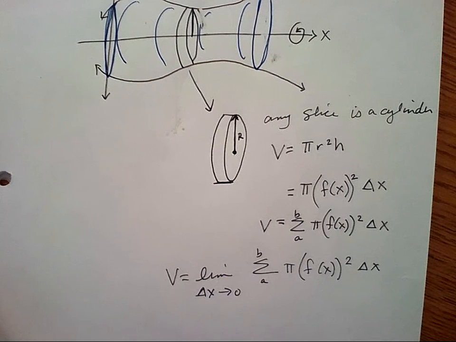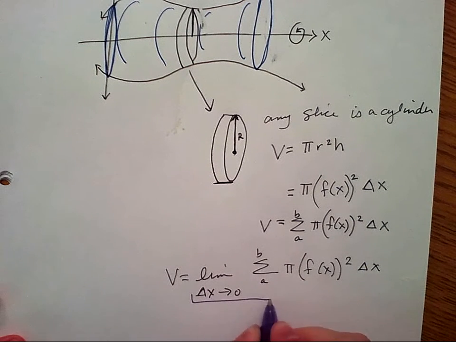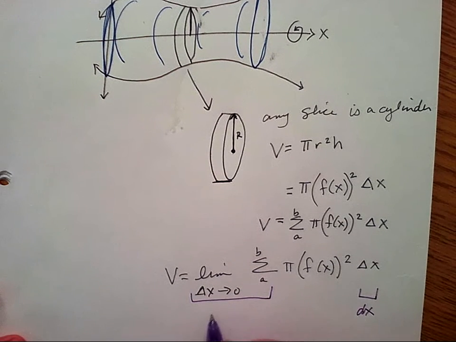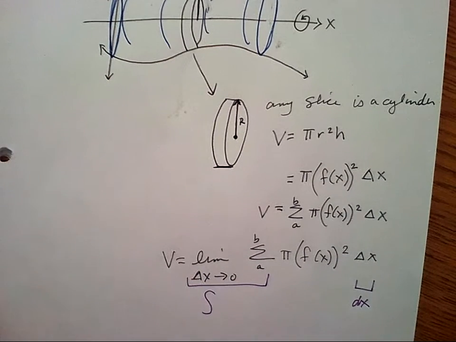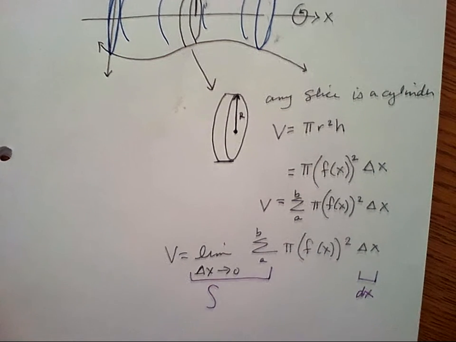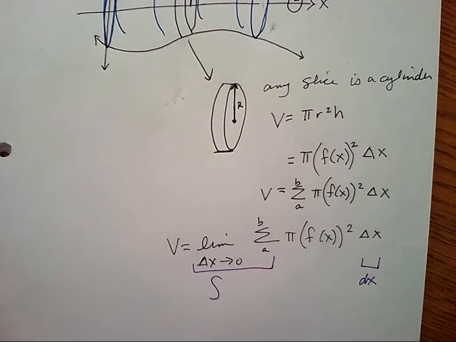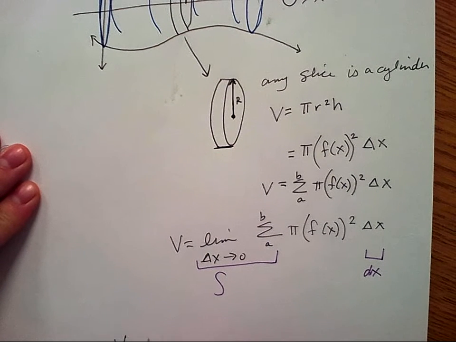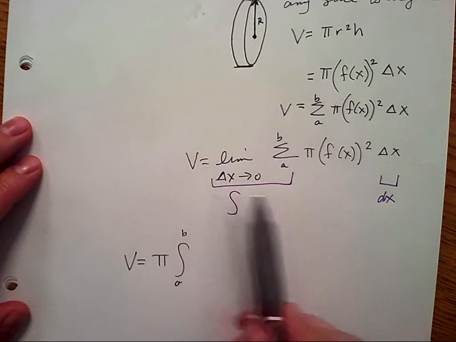Okay, so let's write that. Okay, so we've just come up with our formula, right? This is going to be the formula. So we have the volume of any rotational solid equals pi times the integral from a to b, because all of this goes to the integral.